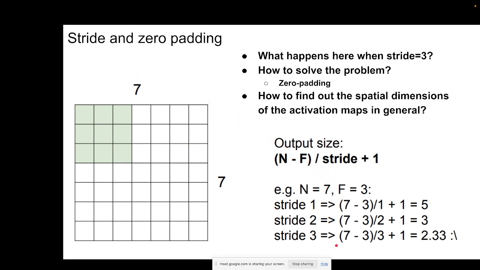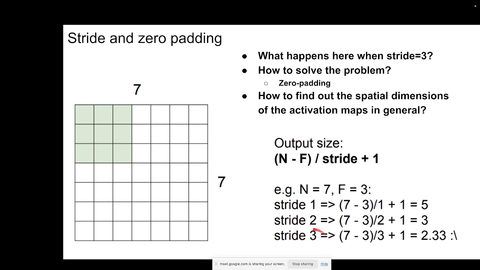For example, in this case, if we have a filter size of 3 and a stride of 1, then in the formula it's 7 minus 3, which is 4, divided by 1 because stride equals 1, plus 1, which equals 5. That is why we were getting a 5 cross 5 matrix. If stride is equal to 2, we get a 3 cross 3 matrix.